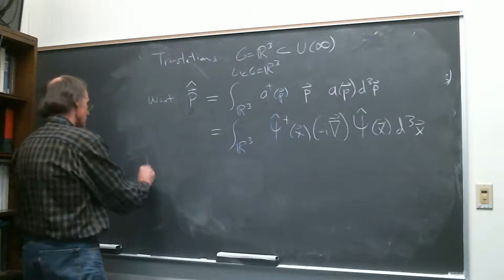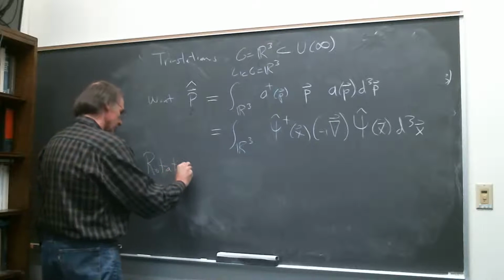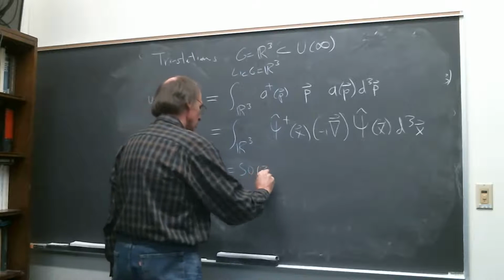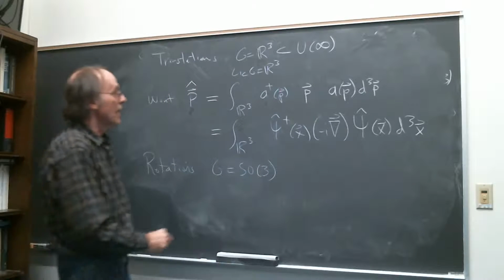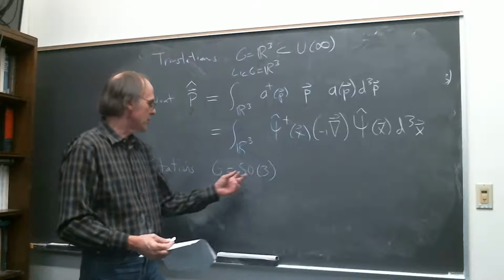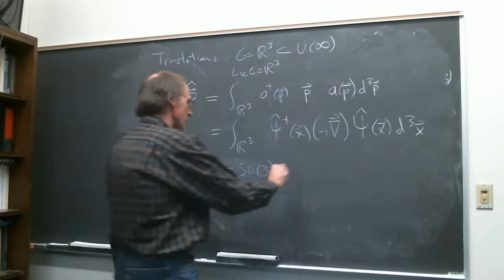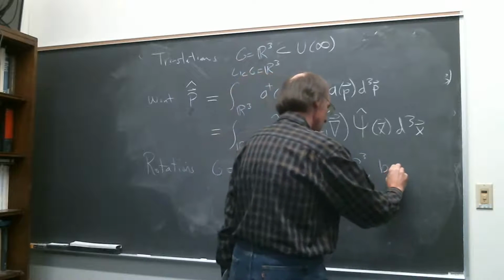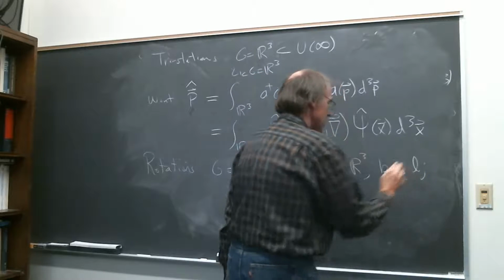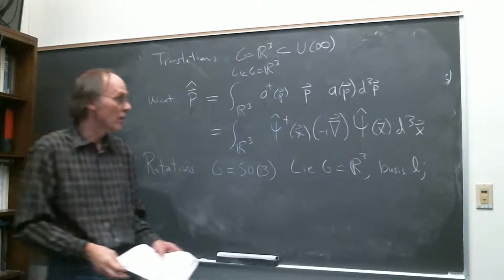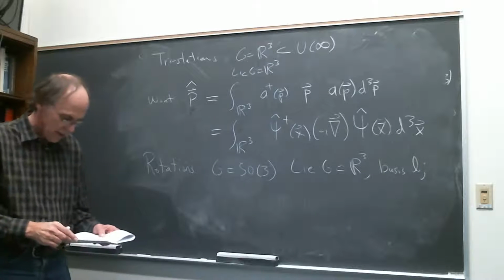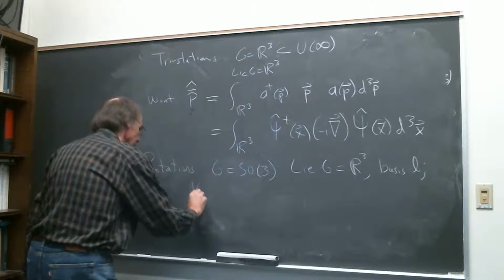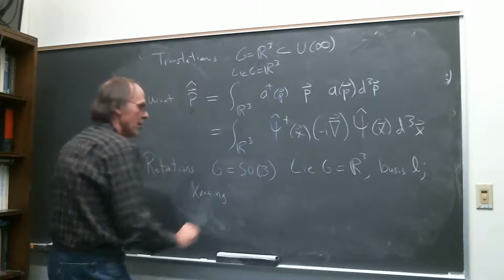Okay, and so then rotations. Now G is SO(3), and again we want to find the Lie algebra, Lie G equal to R3, with a basis, which I've been calling these L_j operators.